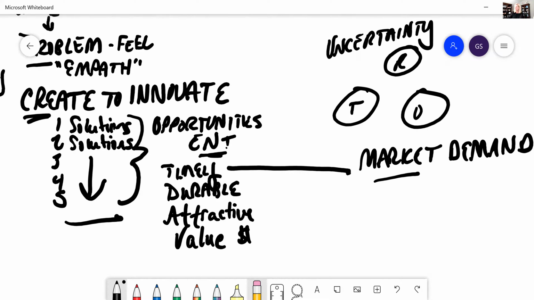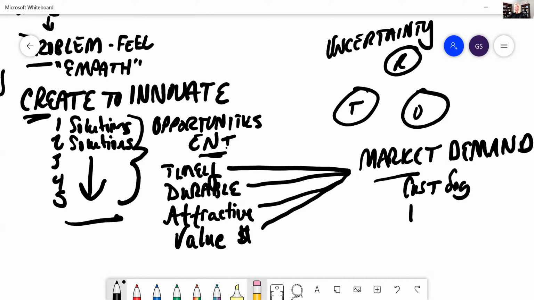Does the market think it's durable? Does the market think it's attractive? And will the market spend money on it? Does it create value for them? The market can also be called your customer segments. Remember that business canvas? Customer segments, or maybe it's your target market.